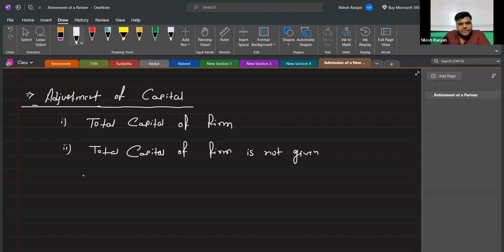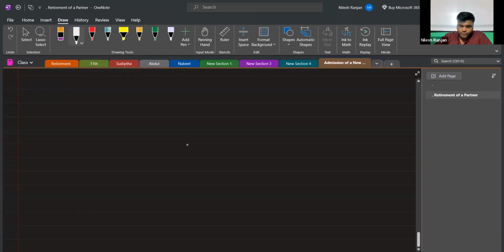And the third case is when partners are required to bring some cash for payment to the retiring partner, and then you have to adjust your capital. So these three situations will be given in the question. We will discuss the first case.